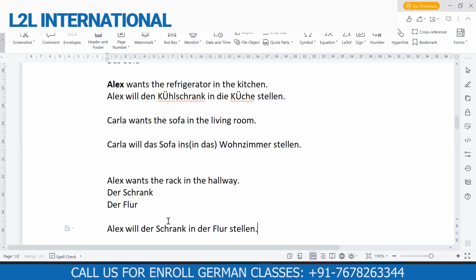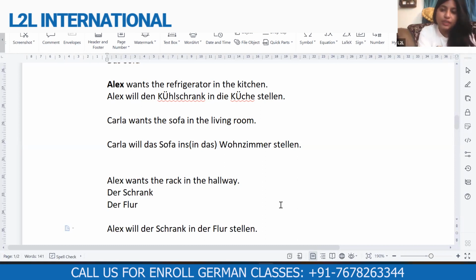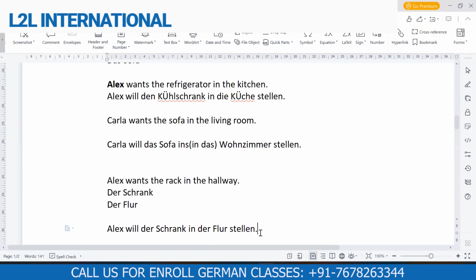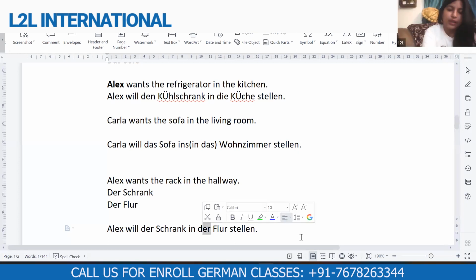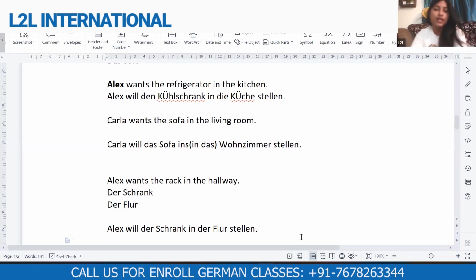So, yeah, Revati, two things which I told you right now that we are discussing in accusative now, right? If you don't change the article here, it will be wrong because you didn't change Flur. If we are saying that in is taking accusative because we are showing movement, that Alex wants to keep, stellen. Stellen is a verb we are using here.